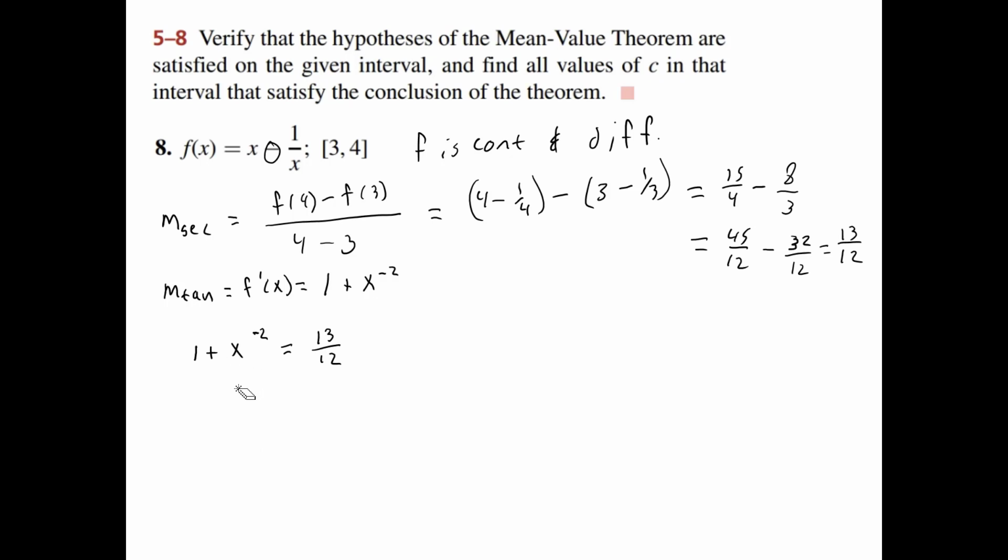Get rid of the 1. 13 twelfths minus 12 twelfths is 1 12th. And then get rid of the negative 2. And we can get rid of that by raising to the negative 1/2, because then when we multiply the exponents, we will get just an x.